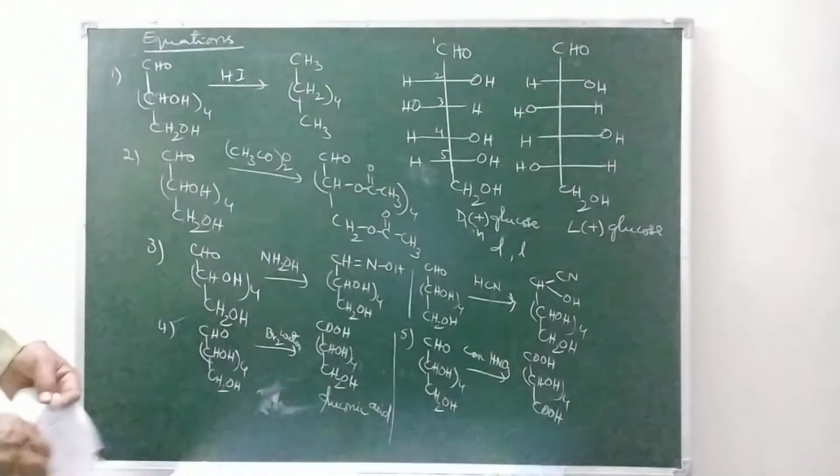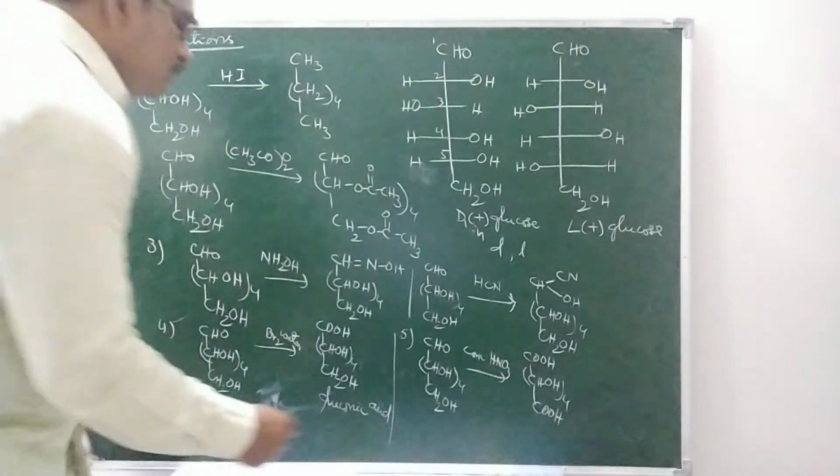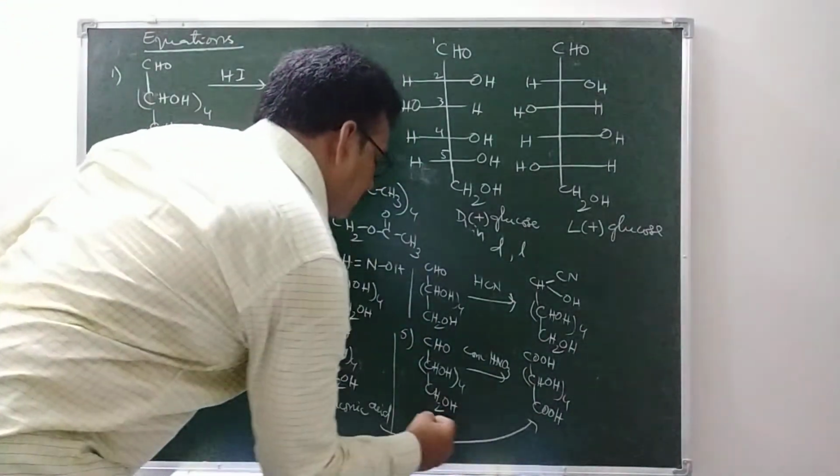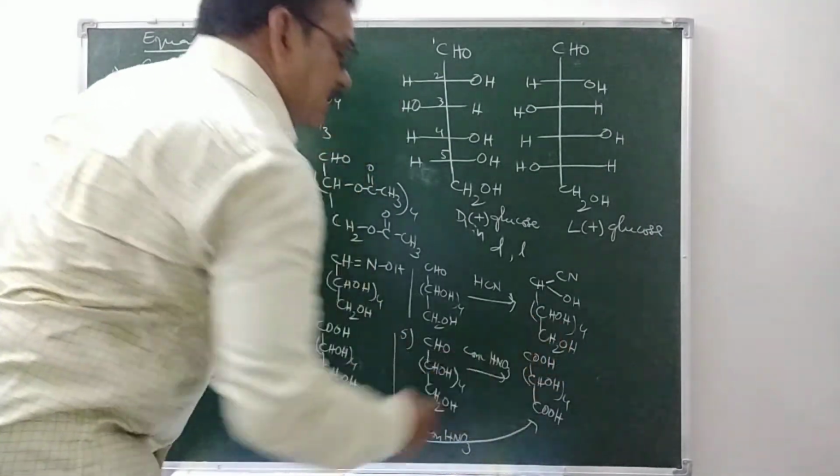Okay? If this gluconic acid is treated with concentrated HNO3, then also it gives this saccharic acid. This also gives a saccharic acid.